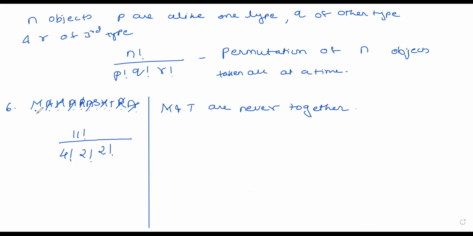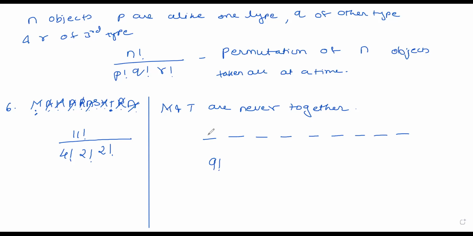So except M and T, how many letters are there? 1, 2, 3, 4, 5, 6, 7, 8, 9. So 9 letters don't have any issues. They can be arranged in 9 factorial ways.